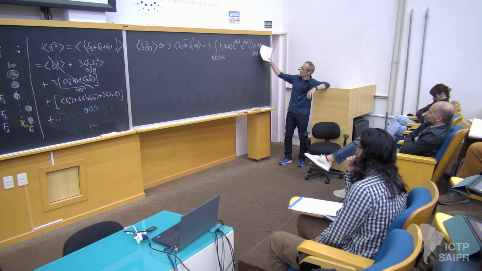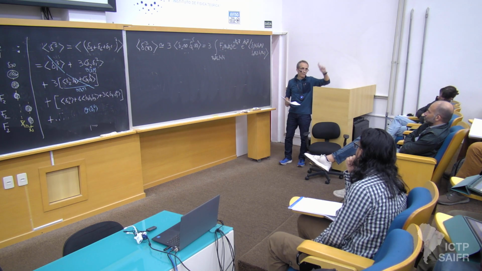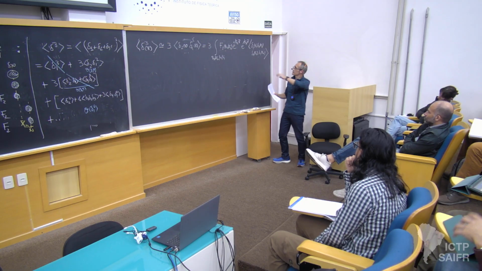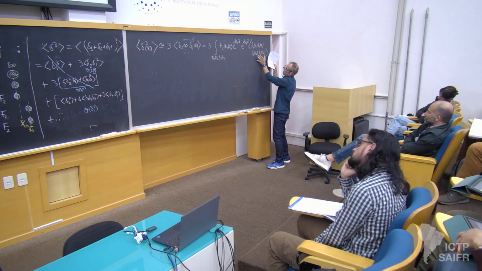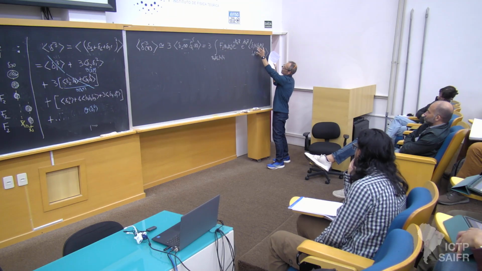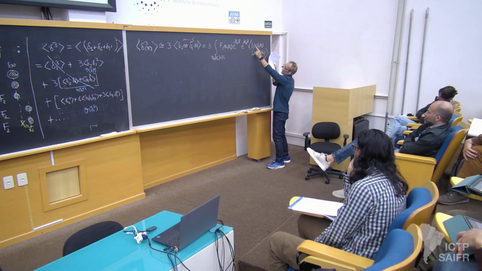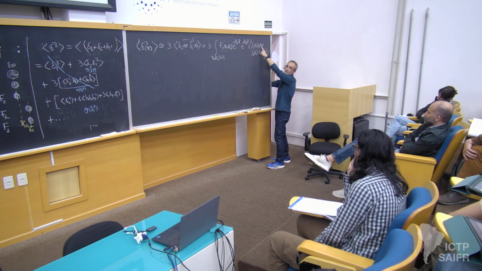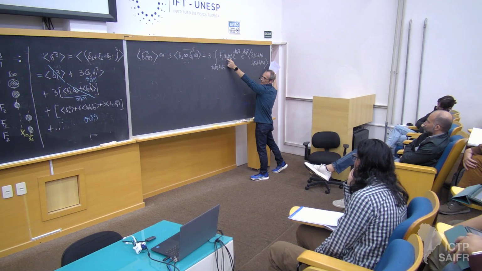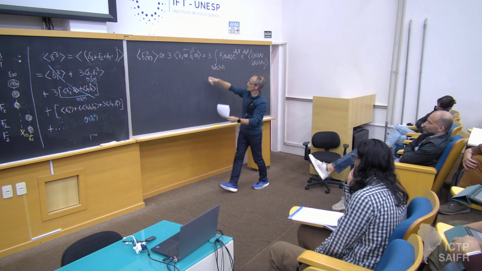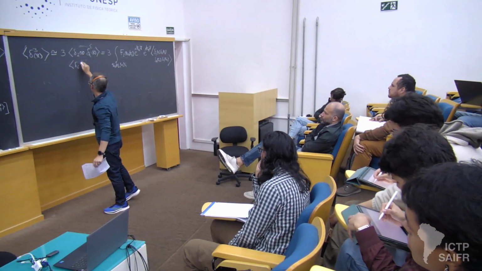Now, out of the 3 pairs here, there is 1 pair that doesn't contribute, which is if I write the expectation value of this pair times the expectation value of this pair. Because when I put the expectation value of this pair, by translation invariance, this and this have to add up to 0. And this guy is 0 for that case, as we just discussed.